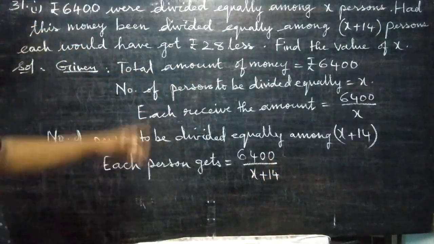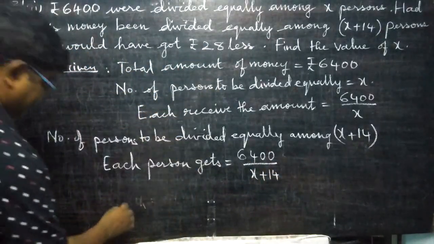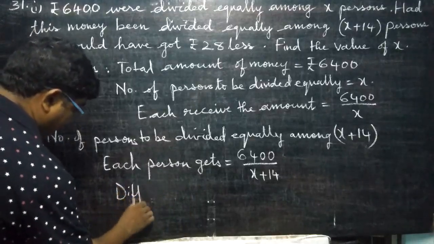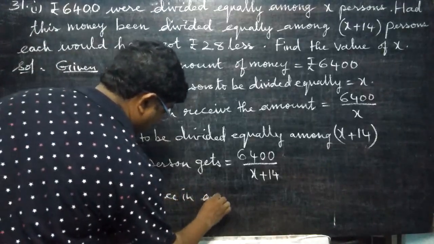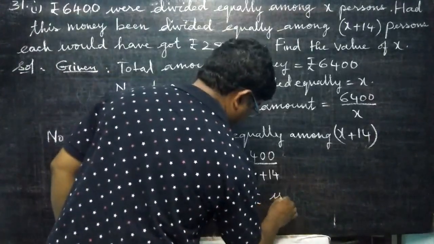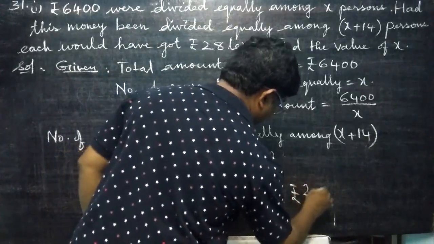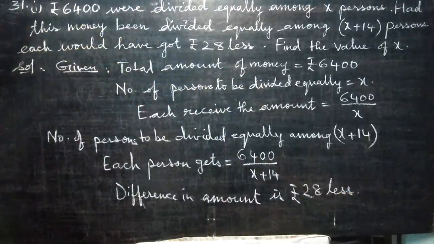Now how much is the difference? So 28 less. Difference in amount is rupees 28 less. Now we have to find the value of x.